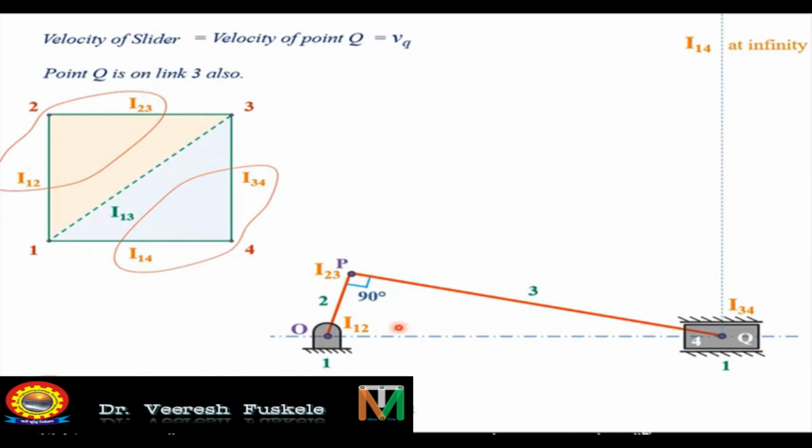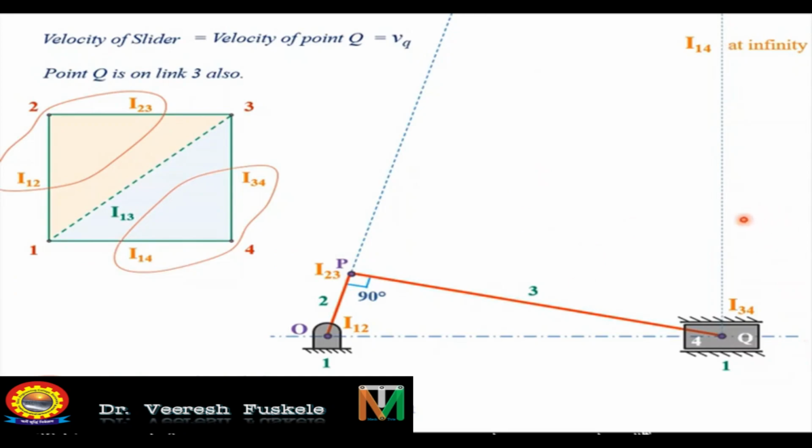So we already have the line joining I14 and I34. This is I14 and this is I34. So this is the line which is joining I13 and I14. Now we'll join I12 and I23. So this is I12, this is I23. So this will be the line as shown. On the intersection of this line and this line, we will get I13.